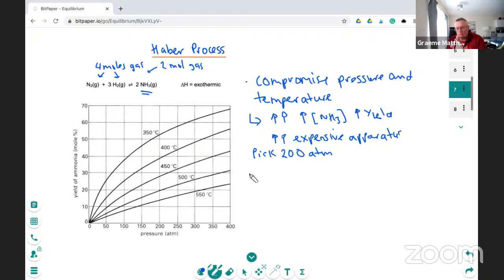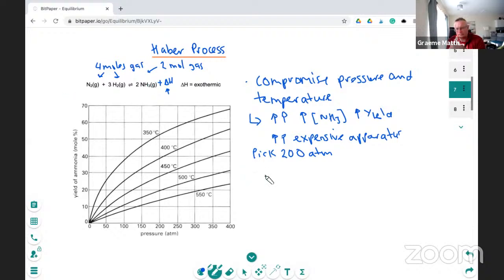Now, the other one then is the temperature. Now you think, aha, right, well, temperature, hold on. The forward reaction is exothermic, so I know to put my enthalpy symbol on the left-hand side there. You got that bit, right. Now, the problem is, if I increase the temperature, the higher the temperature, it means my equilibrium position is going to go to the left-hand side.